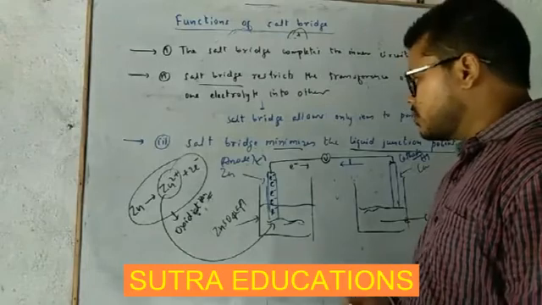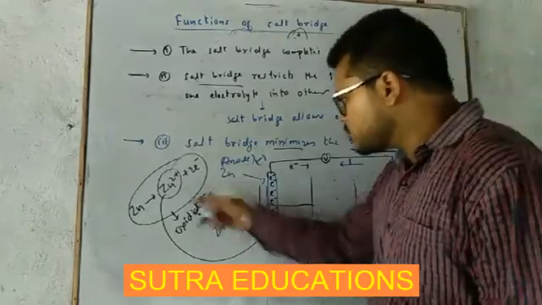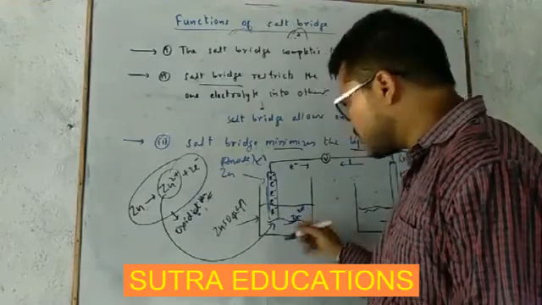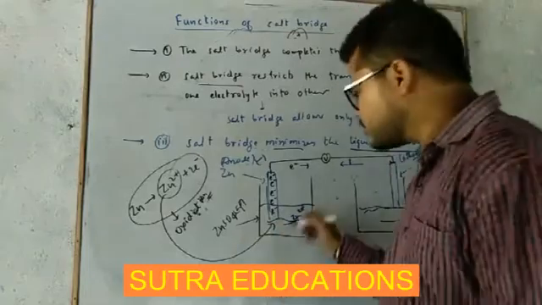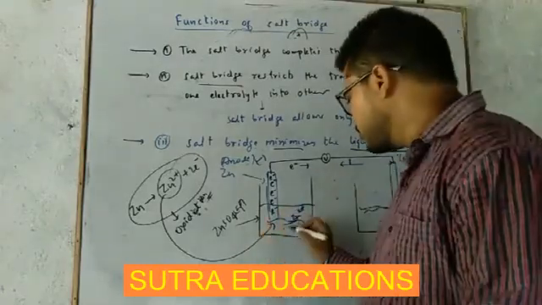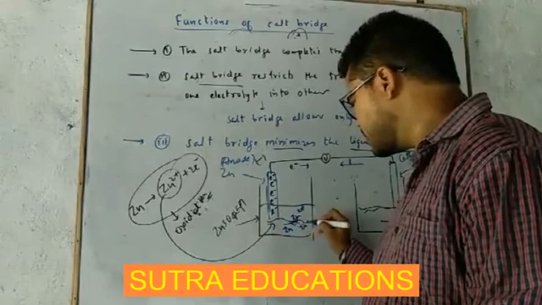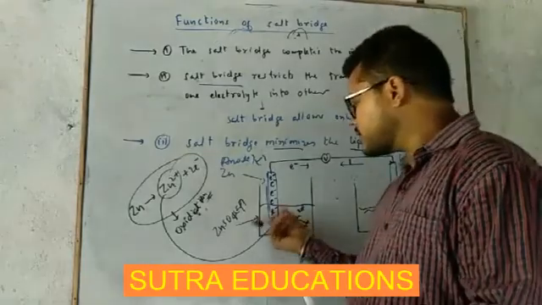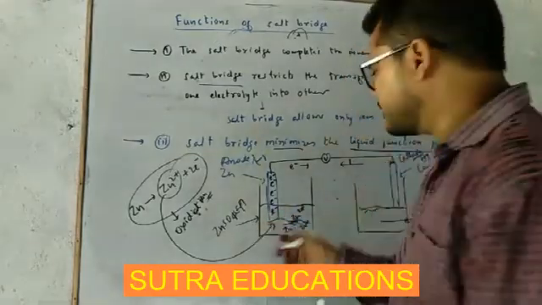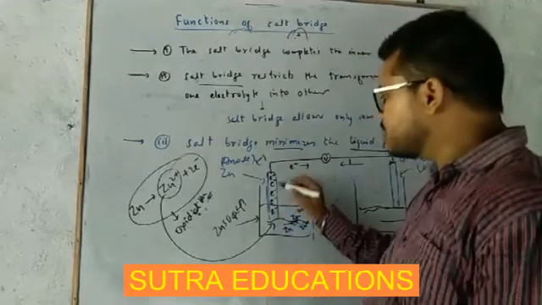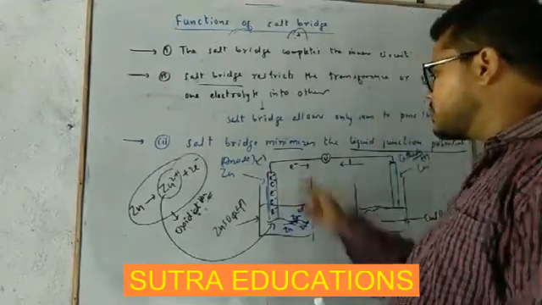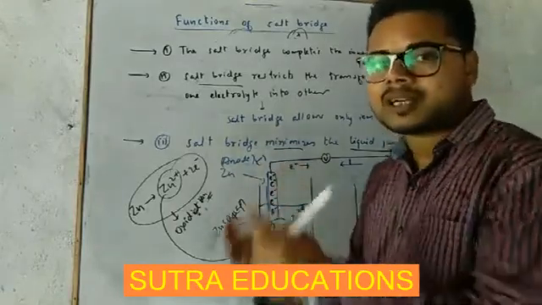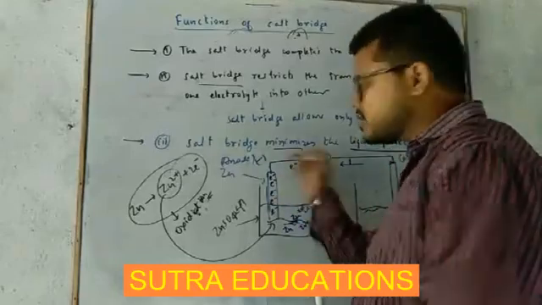Okay, so I told you, in this way this Zn2+, which is coming into the electrolyte solution, means gradually the concentration of Zn2+ will increase. A time will come when the concentration of Zn2+ will be so much that it will restrict the flow of electron from this container to this container, because it will be Zn2+ positive charge, it is electron, so it will start attracting the electrons, and it will restrict the flow of the electron.